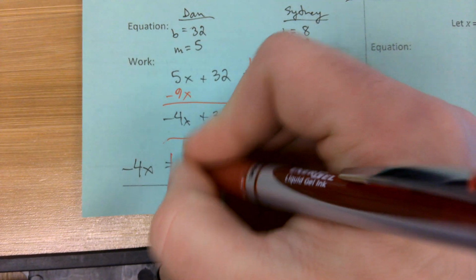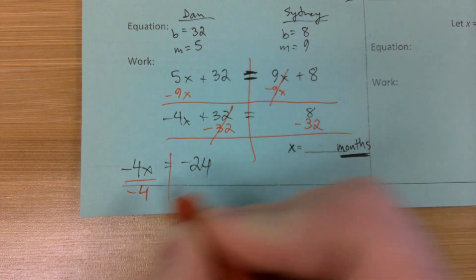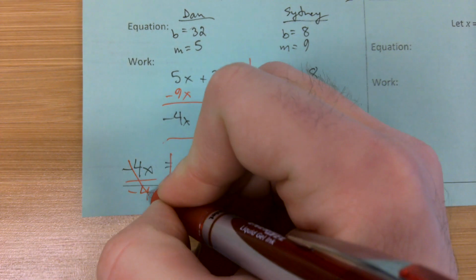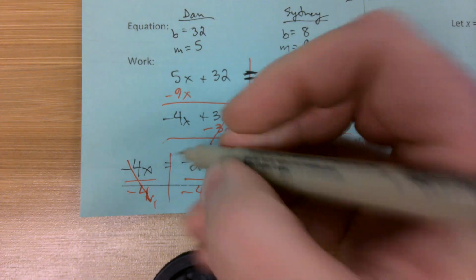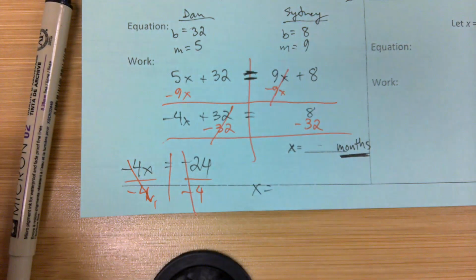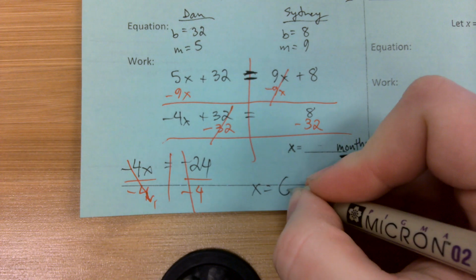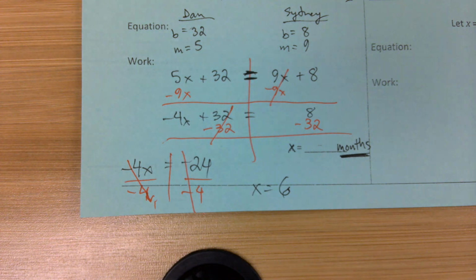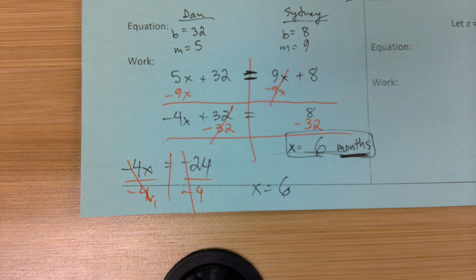What's our last step going to be to do? Divide both sides. Thank you, Alexa. We divide both sides by negative 4. Those cancel to 1. Negative over a negative, luckily, those cancel out. And what's 24 divided by 4? Positive 6. So our answer is going to be x is equal to 6 months.